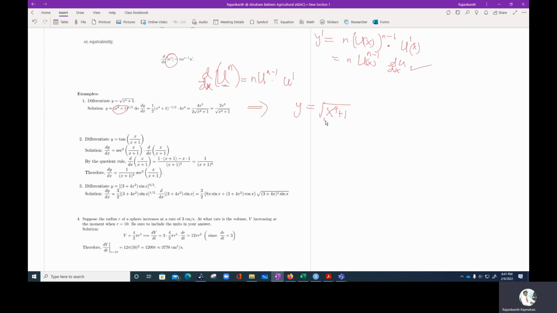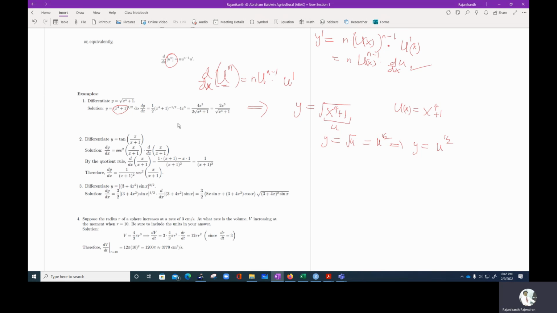Whatever you see inside the square root, you could think of as function u. The u function is x to the 4 plus 1. If this is the case, you could rewrite the given problem as the square root of u. We all know that square root means half power, so the given problem is now y equals u to the power 1/2.